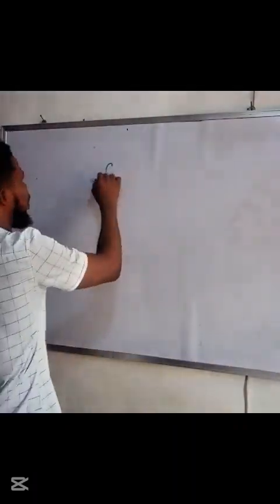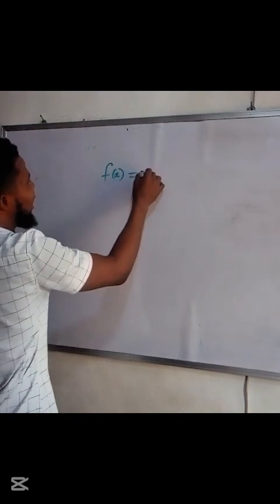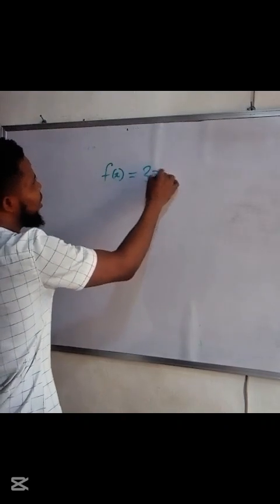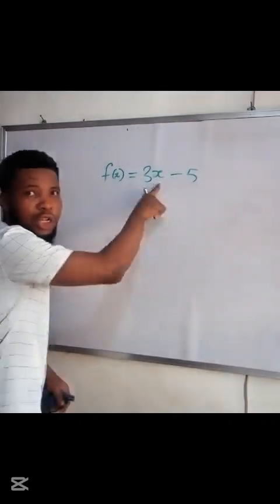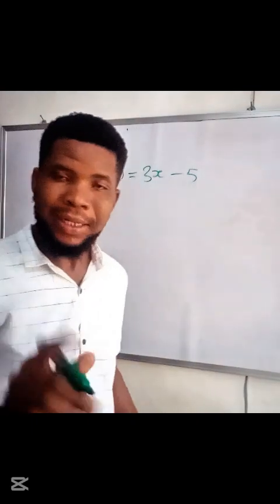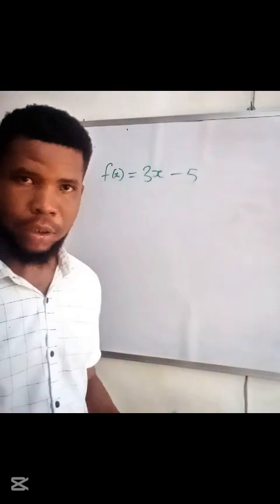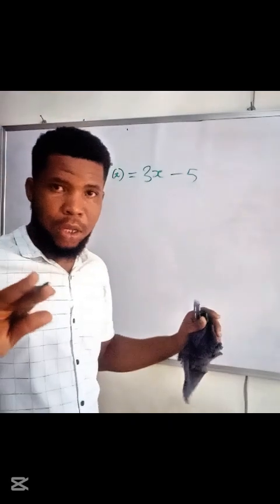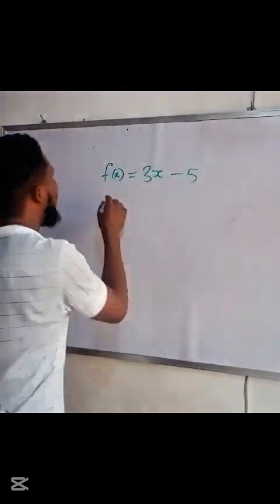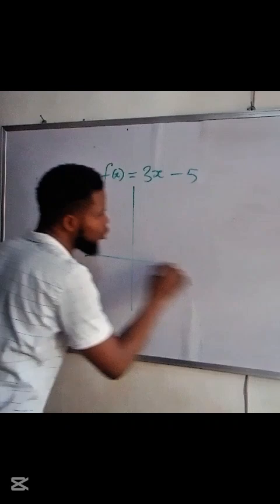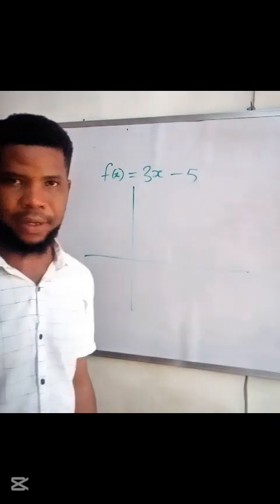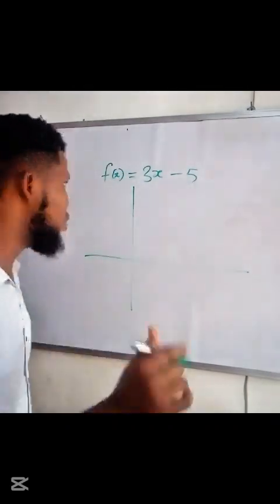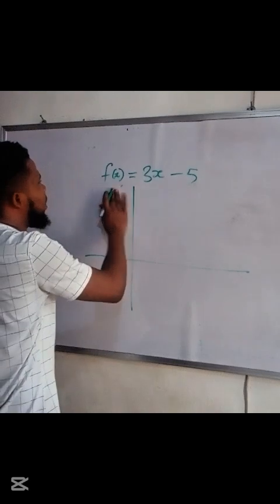So if I have a function of s, let's say 3s minus 5, this s does not have any power. That is a linear function. The s will not have any power, either power 2, power 3, or power 4. You understand me now? Good. So every linear function is going to be a straight line if you plot it on a Cartesian plane.